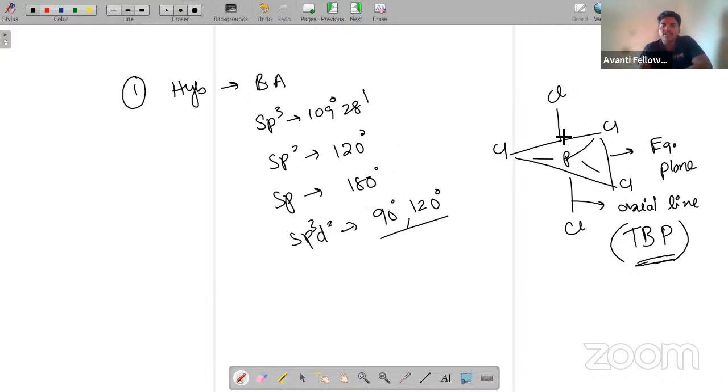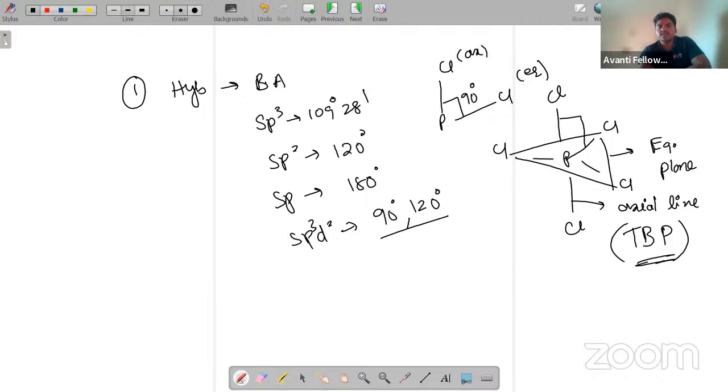Now the bond angle here with respect to the axial and the equatorial: this is the axial chlorine, this is the central atom, and this is the equatorial chlorine. So the bond angle is 90 degrees.